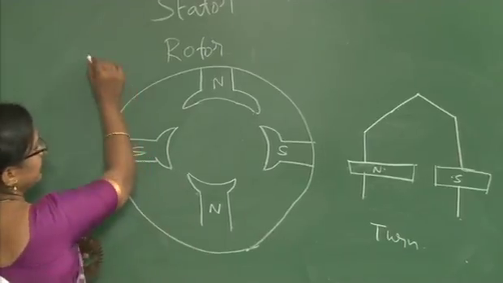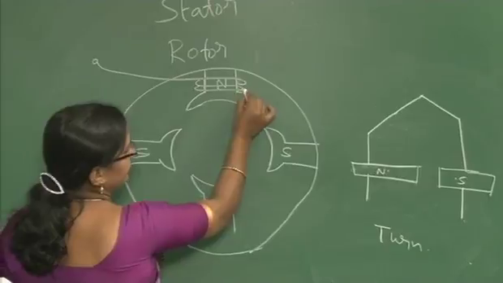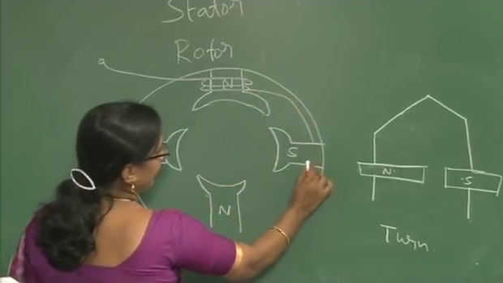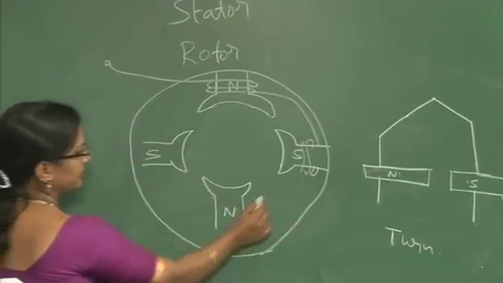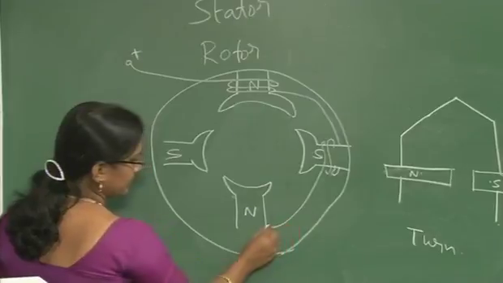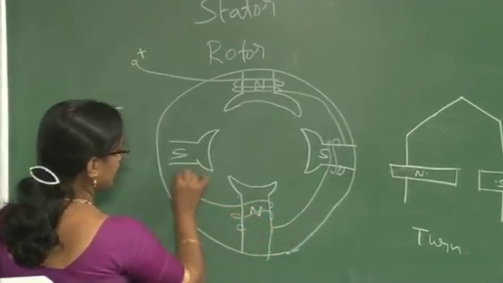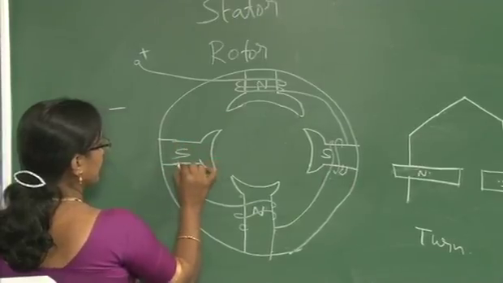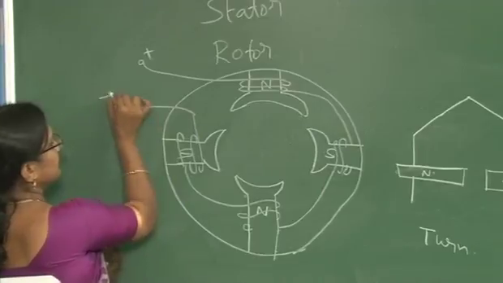Here to these poles we are going to connect the field windings like this. So the positive terminal, if you take this, this will be the negative terminal. So this is how the connections will be.